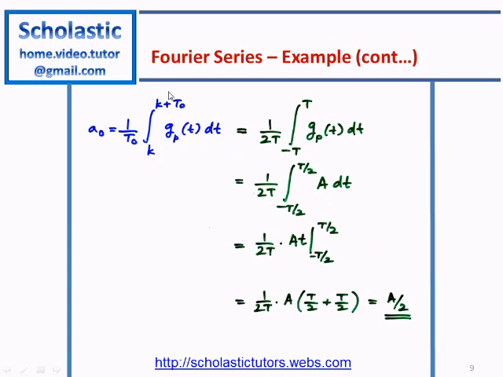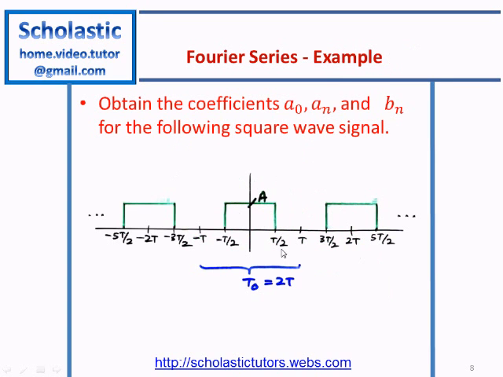Now what we do here is we are going to apply the first expression, where a0 equals 1 over T0, integral from k to k plus T0 of g(t) dt. In this particular case, k will go from minus T to plus T, because our T0 is 2T, and k is equal to T0 by 2.